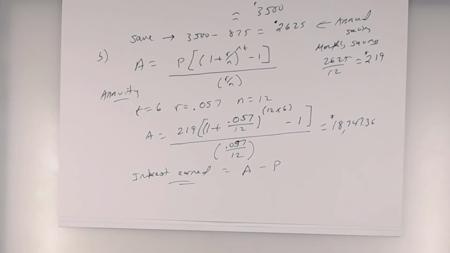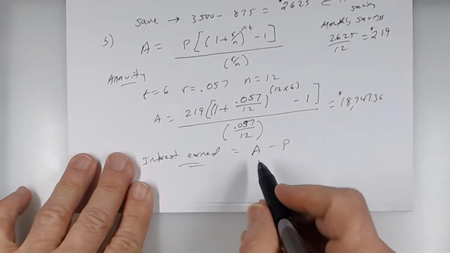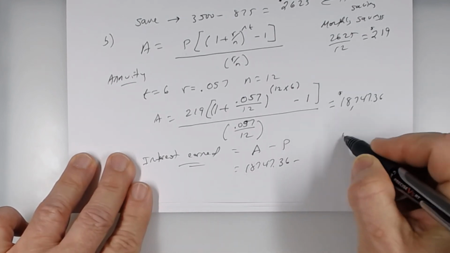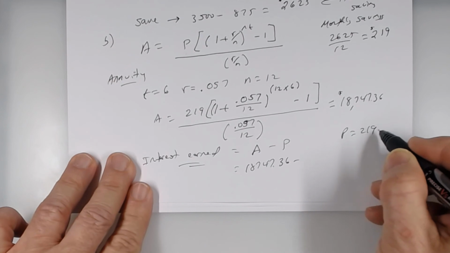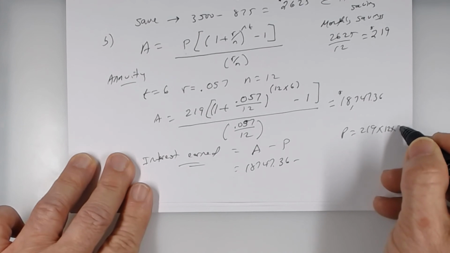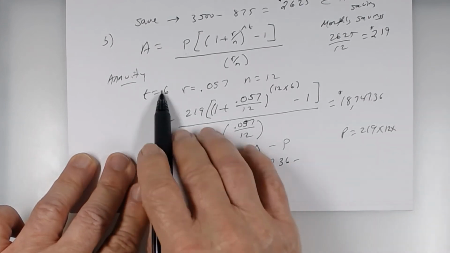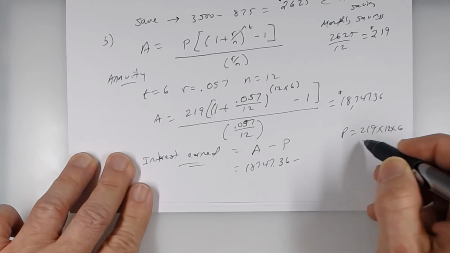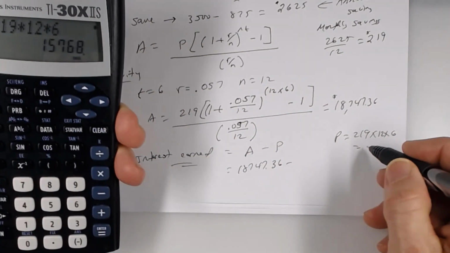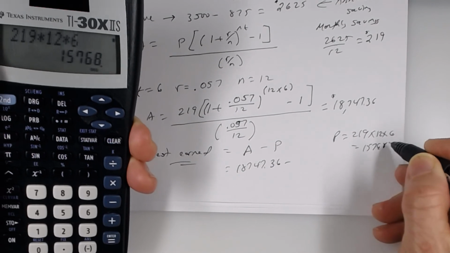And so I know A is this, and now you get to find P. So P would be 219 times how many months in a year? 12. And how many years? 6. So how much did you invest? What's P? So $15,768?